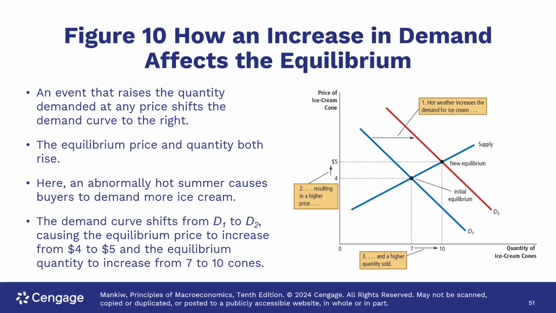Here, an abnormally hot summer causes buyers to demand more ice cream. The demand curve shifts from D1 to D2, causing the equilibrium price to increase from $4 to $5, and the equilibrium quantity to increase from 7 to 10 cones.